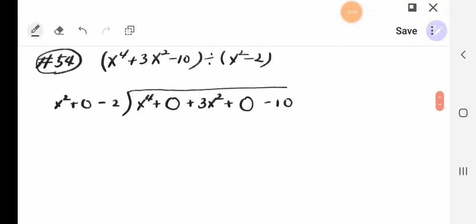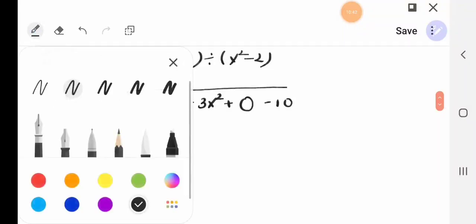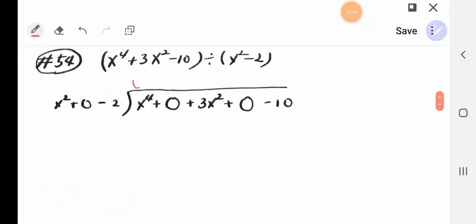Okay, let's start from here. We want to find something. Something means the quotient, so that the product of the first term of the divisor, x squared, should be x to the fourth power. x to the fourth power divided by x squared is x squared, so x squared should be the quotient. x squared times x squared is the same as the first term, x to the fourth power.